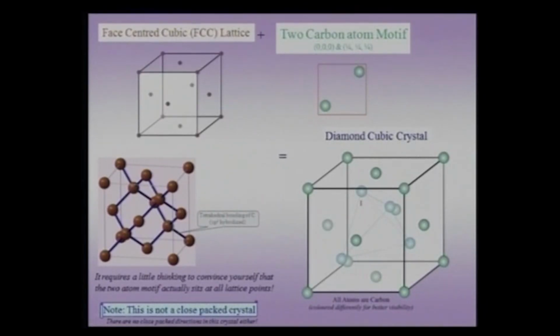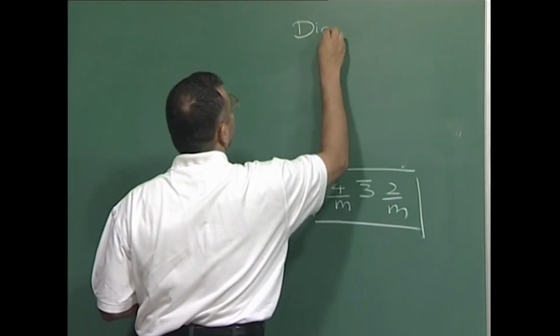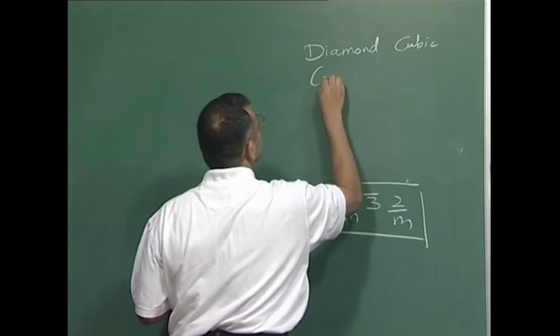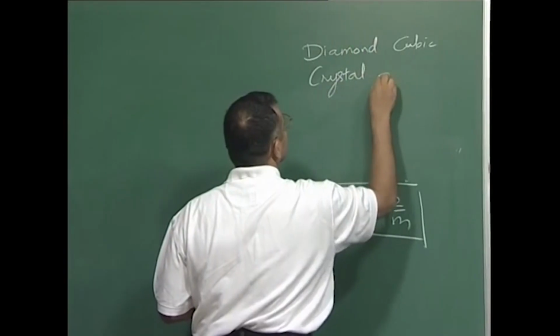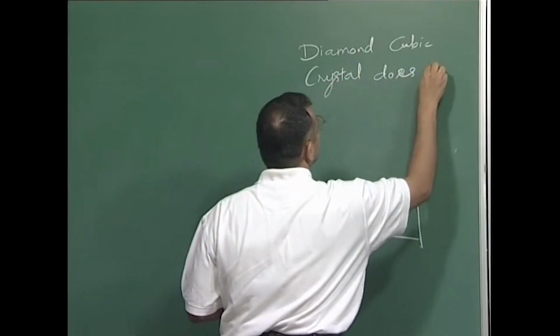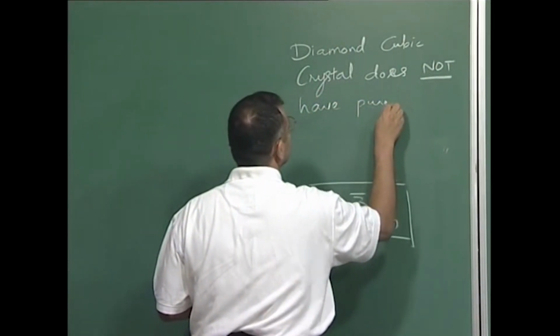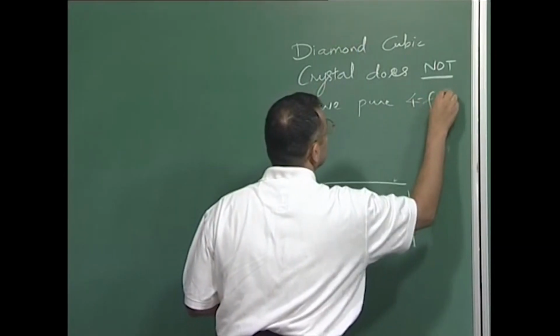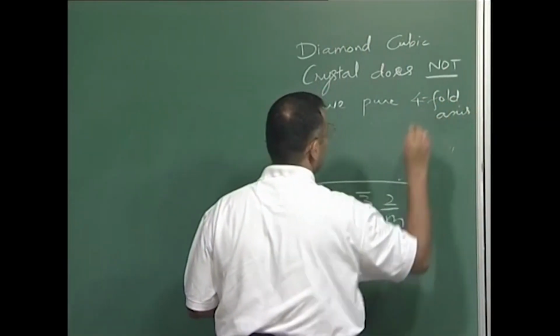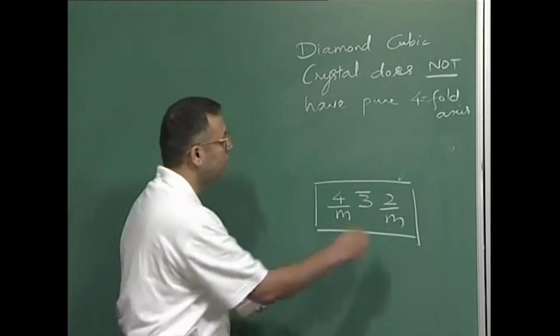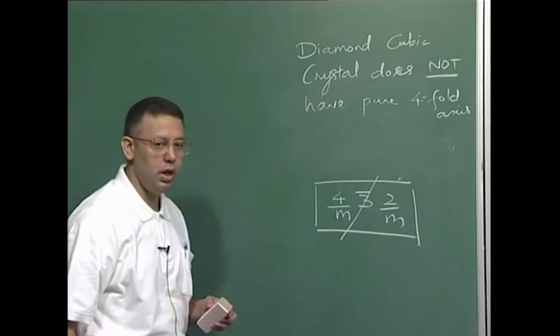The diamond cubic crystal has no pure rotational 4-fold symmetry, and the symmetry of the crystal has been lowered below that of the lattice. So, this is not the symmetry of the crystal anymore.